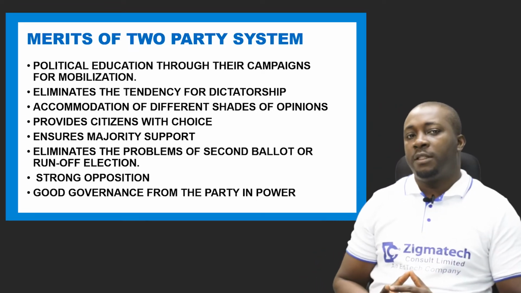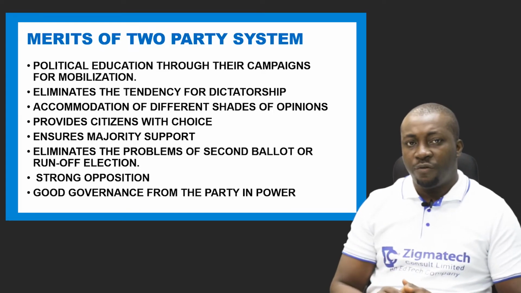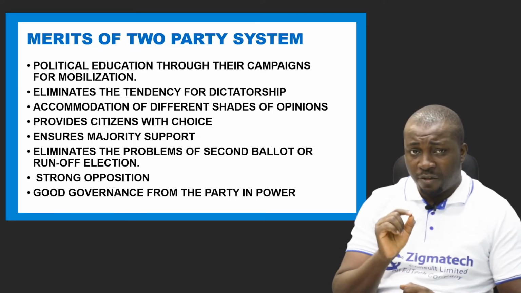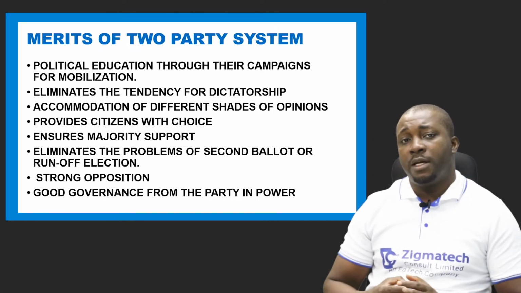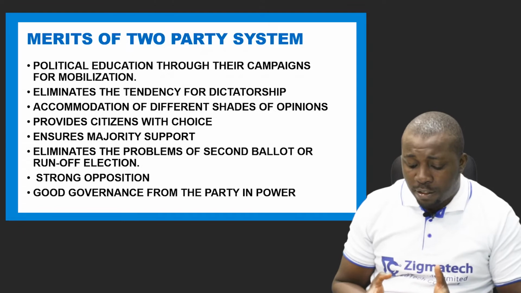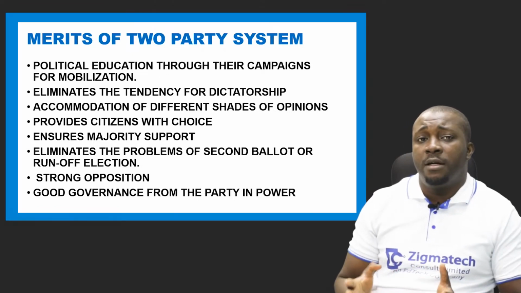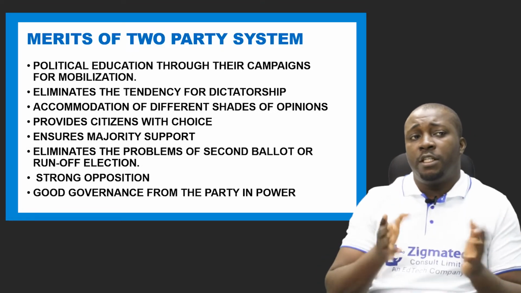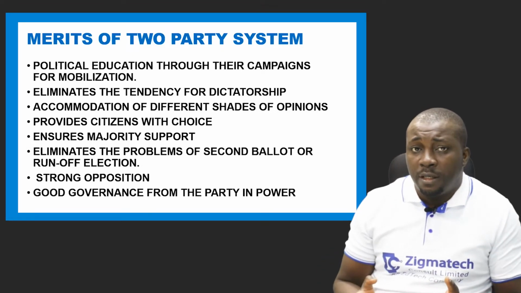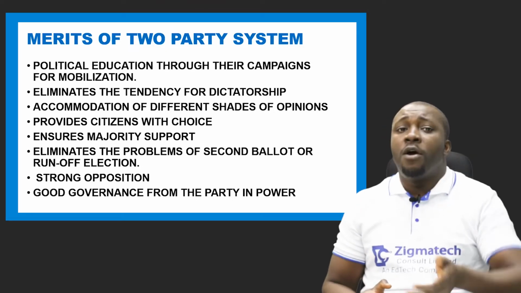This kind of party system brings about strong opposition. Very strong opposition in such party system. If you look at this, 2022, the current government in United States of America is from the Democrats. Its predecessor was the Republican. The other one was Democrats, Republican.